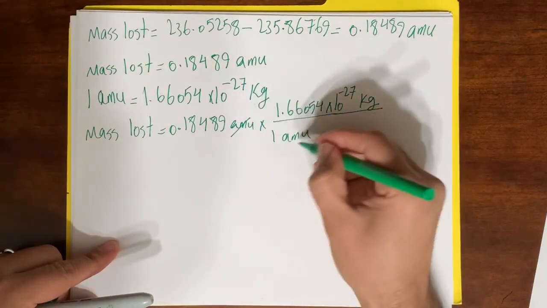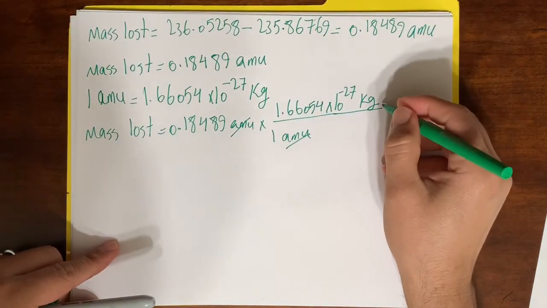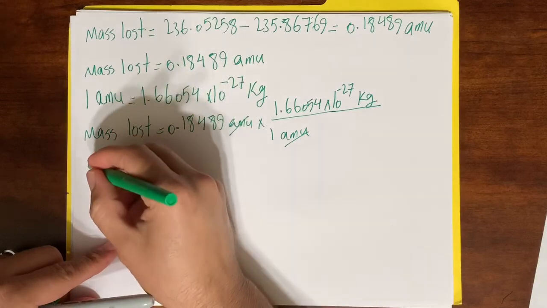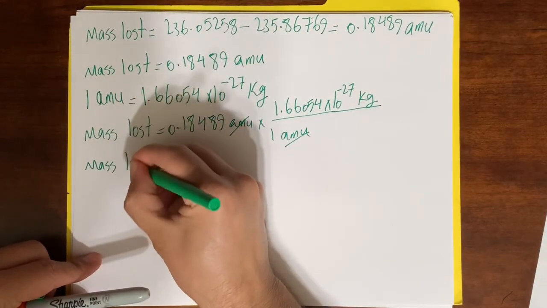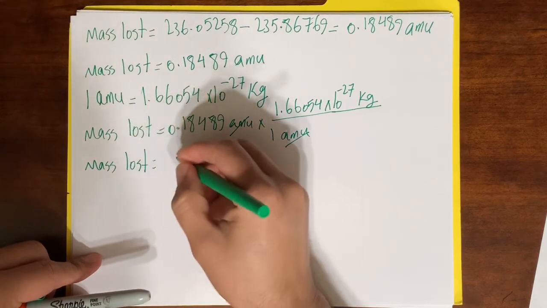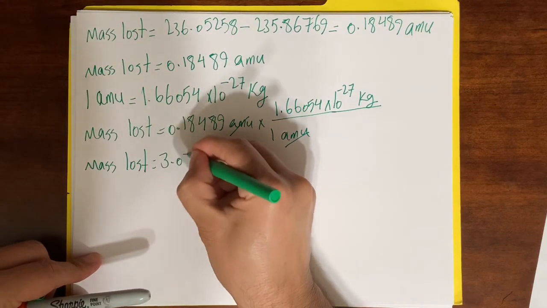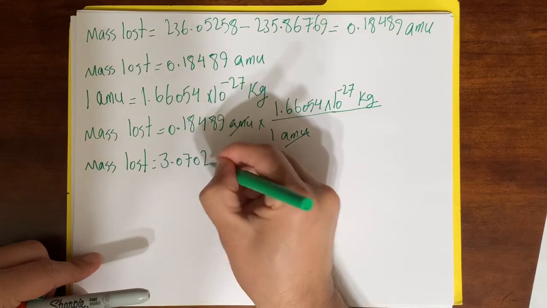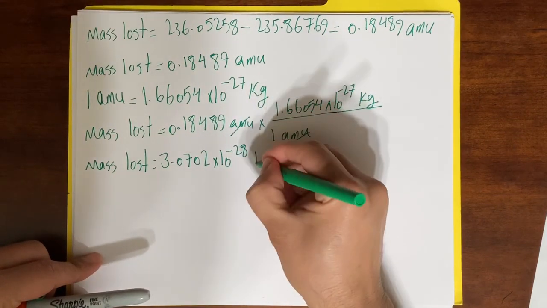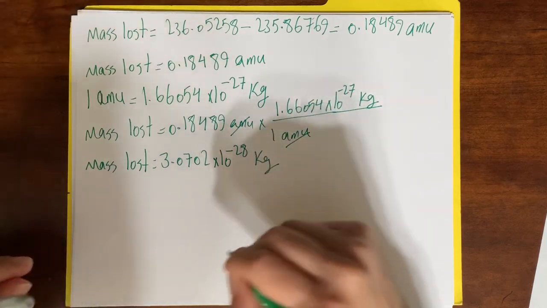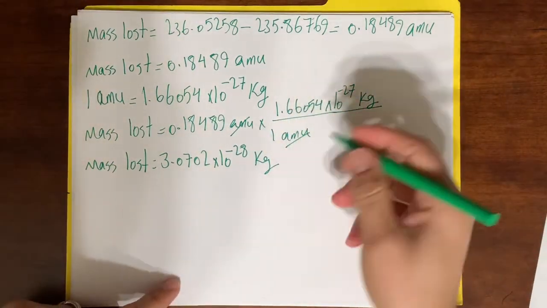Cancel atomic mass unit by atomic mass unit, and the answer is going to be mass loss equal to 3.0702 multiply 10 to the power of minus 28 kilogram.